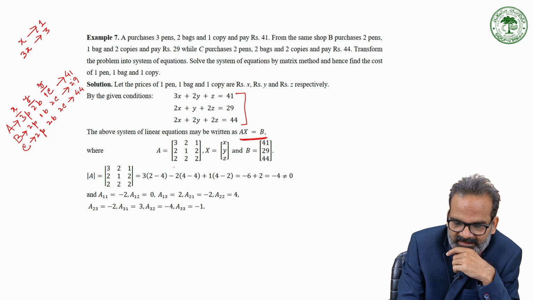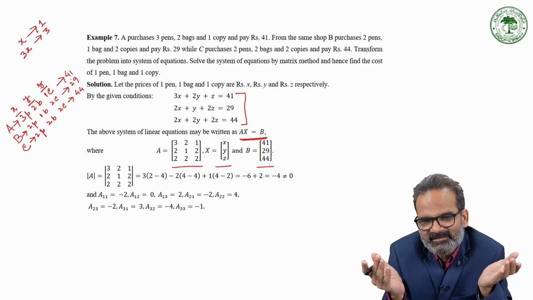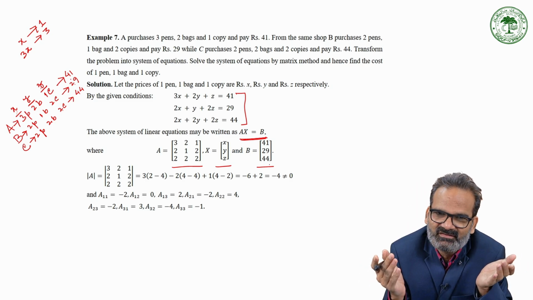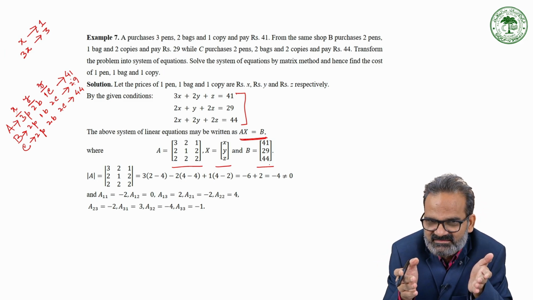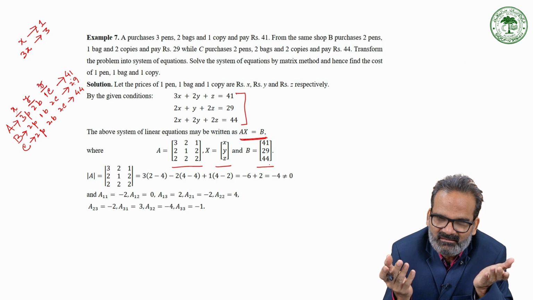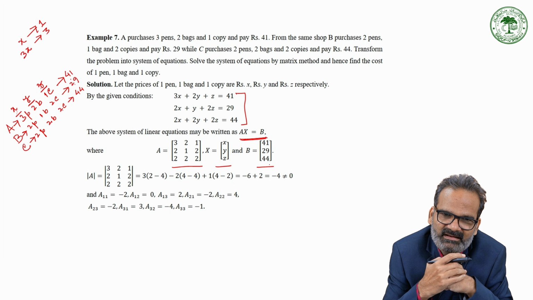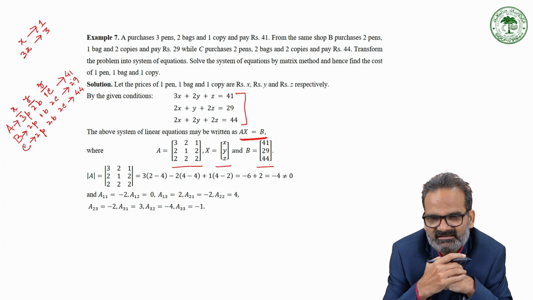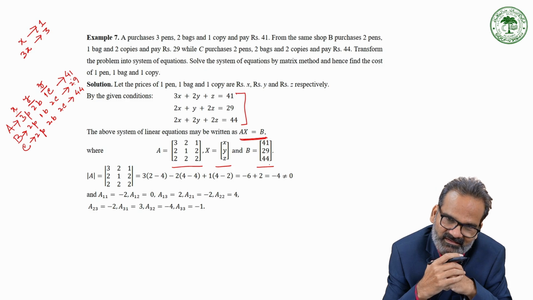Where A is the matrix, x is this, B is this. You know what is A? A is simply the matrix of the coefficients of the variables x, y and z involved in these equations. X, as usual, the 3 variables x, y and z, and B simply denotes the constant quantities which are lying at the right hand side of the given equations.